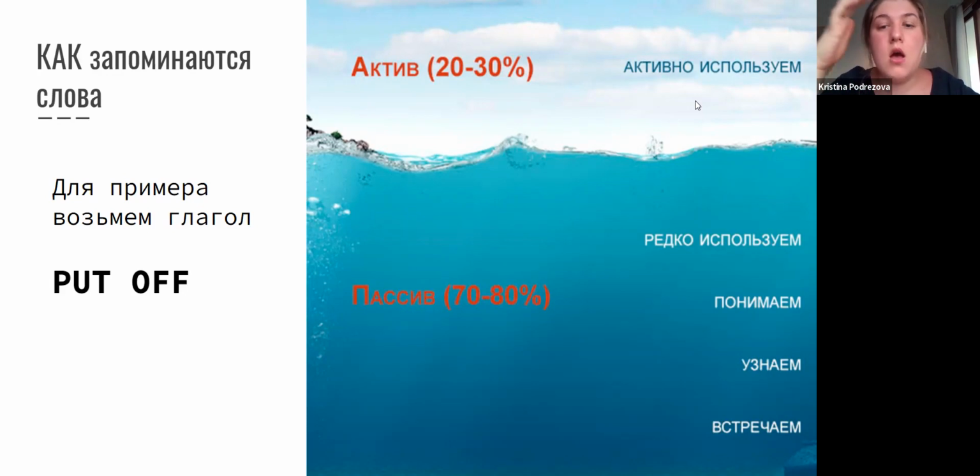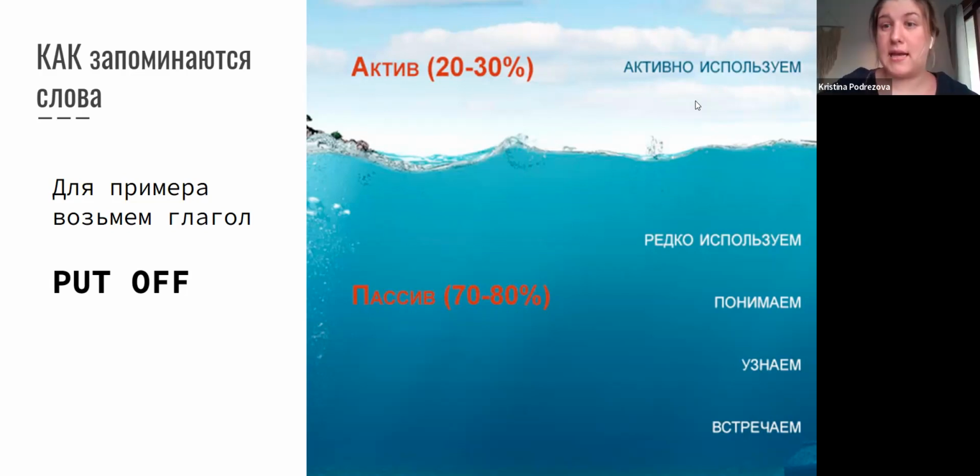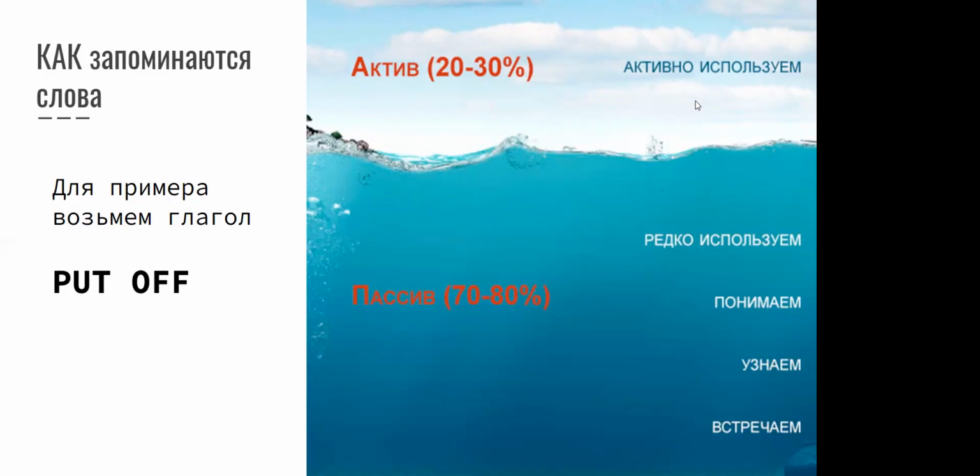What is it? Do you know what passive and active vocabulary is? Or no? You're asking me? Yeah, I'm asking you. Okay, so active, as far as I remember, is everything we use, but we actively think. For example, right now I'm talking to you, expressing my ideas.